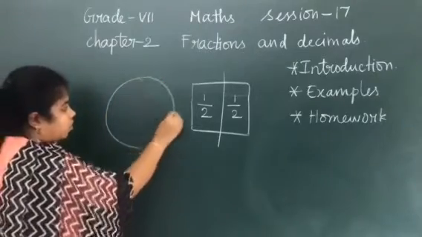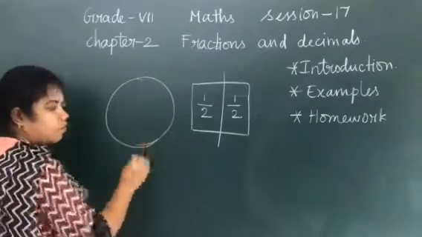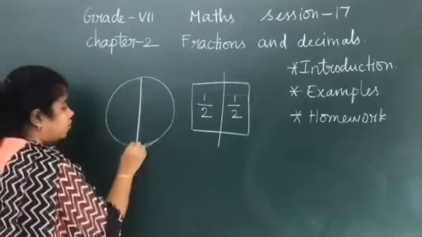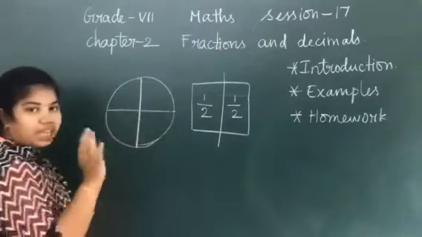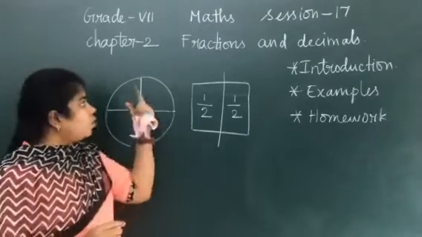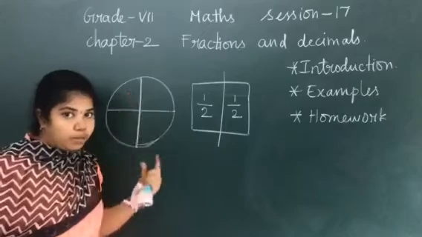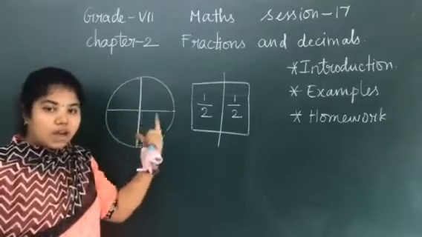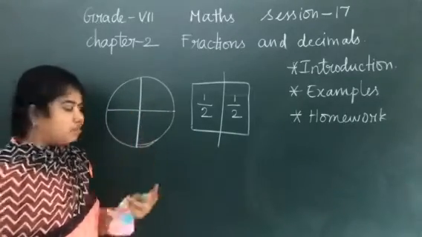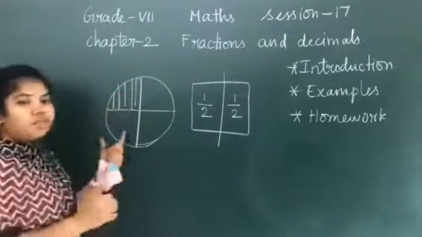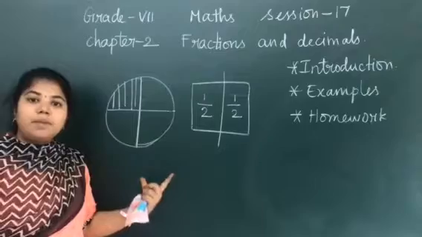Now let us take a circle. This is a whole circle. Now I am going to divide the circle into 4 equal parts. How many parts? 4 parts. When I shade only one of these 4 parts, what will be my fraction?